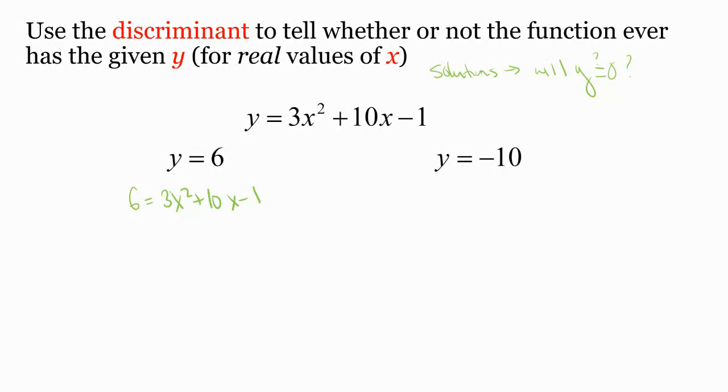Well, in order to use the quadratic formula, I need to have this equal to 0. So 3x squared plus 10x minus 7, right? So what's happening here is, let's say I've got a parabola that opens up, and here's y equals 6.